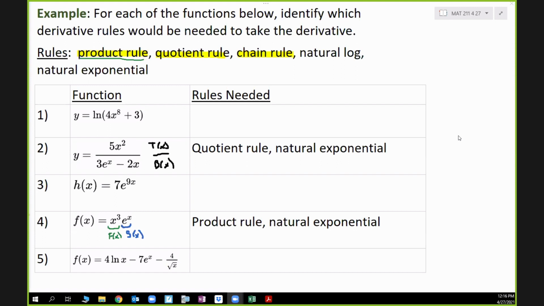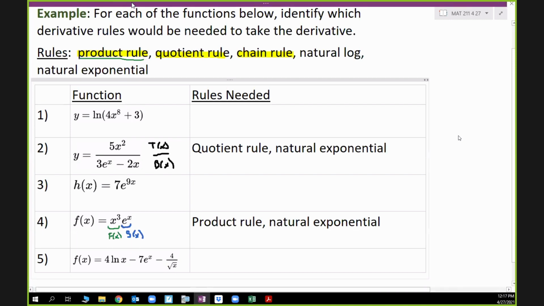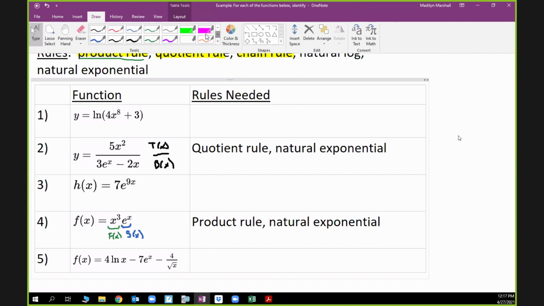All right, ending the poll. Okay, so 1 and 3 were chosen a lot, which is great because those two are chain rule problems. The rest are not though. So all of these actually got at least a few votes. So let's talk about why some are chain rule and some are not.